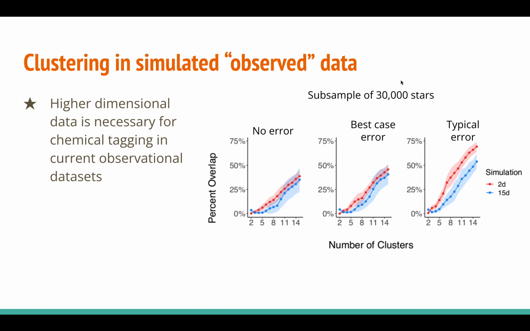The reason I chose 30,000 stars as my subsample is that this is on par with APOGEE's red clump catalog. We find that higher dimensional data is absolutely necessary for chemical tagging and its variants if we want to use this on current day observational data sets.